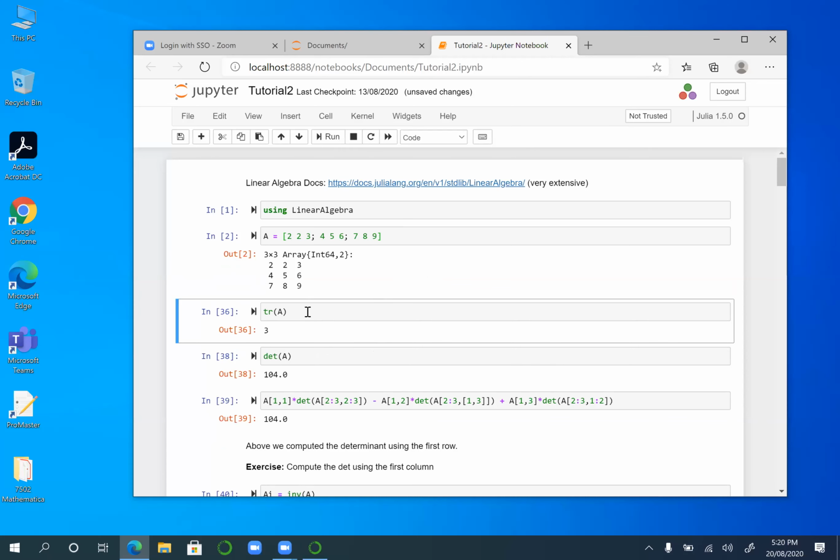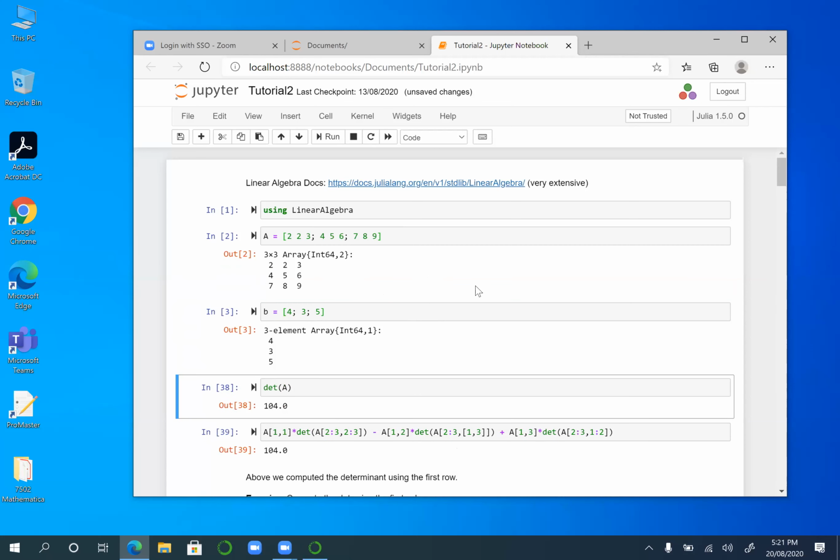Great, that works. Now I want to enter B. So B equals. Now I know B should be a column vector. Okay, but let's see if I get this entered correctly. So 4. Now I want a semicolon here. Put a space, then a 3, semicolon, and then a space, and a 5. Shift Enter. Great, that looks like what I was expecting.